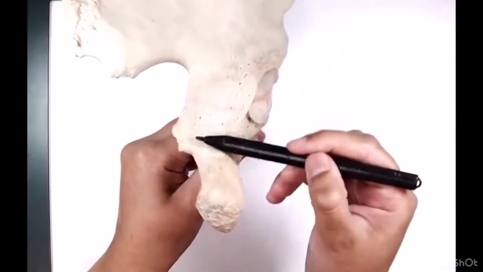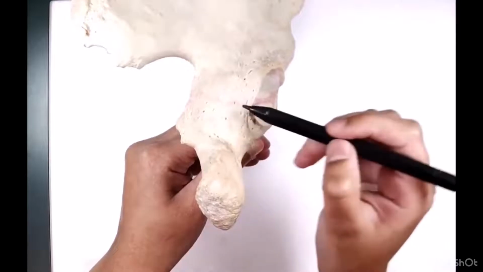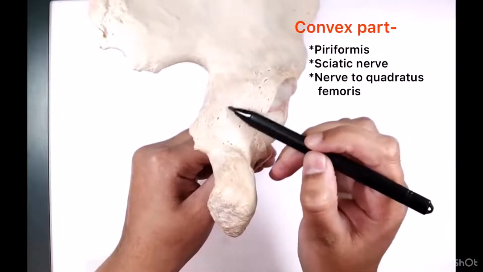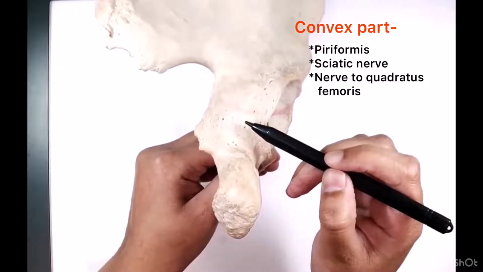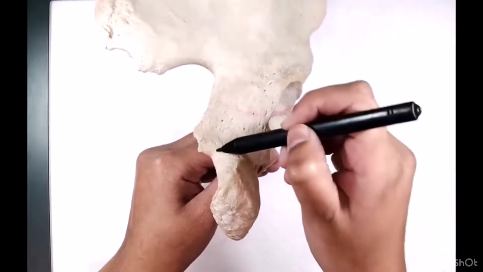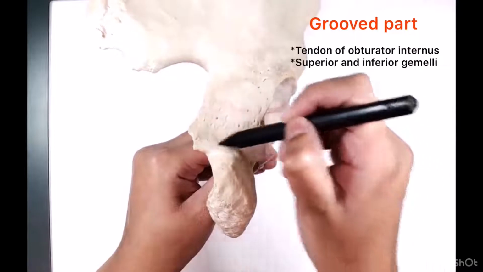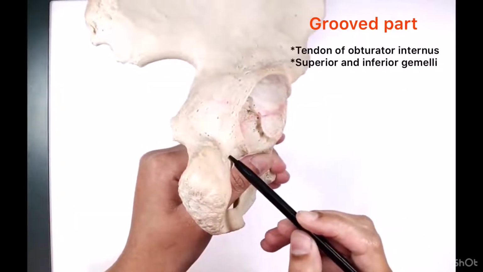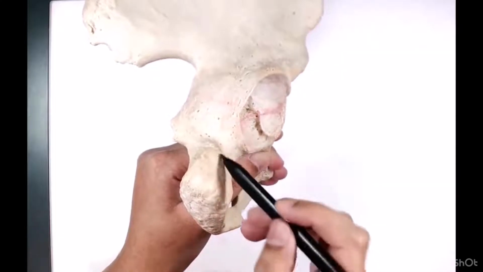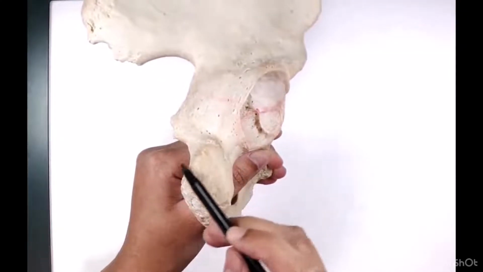The dorsal surface is divided into three parts. The convex part, which is related to piriformis muscle, sciatic nerve and nerve to quadratus femoris. Then there is a grooved part through which the tendon of the obturator internus and the superior and inferior gemelli pass. And then there is a tuberosity, ischial tuberosity.